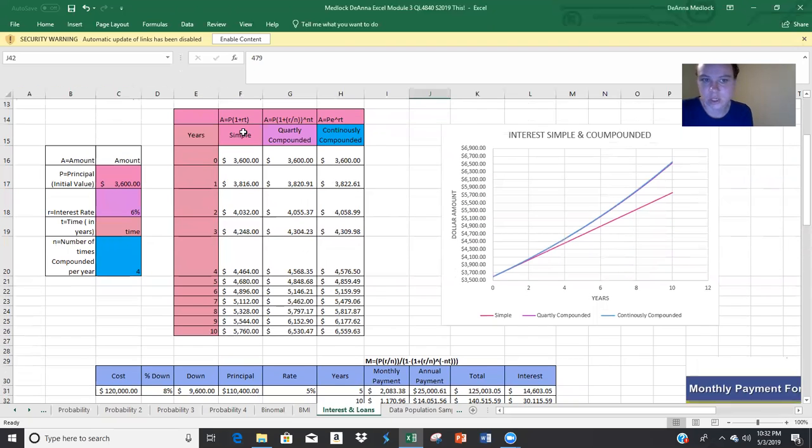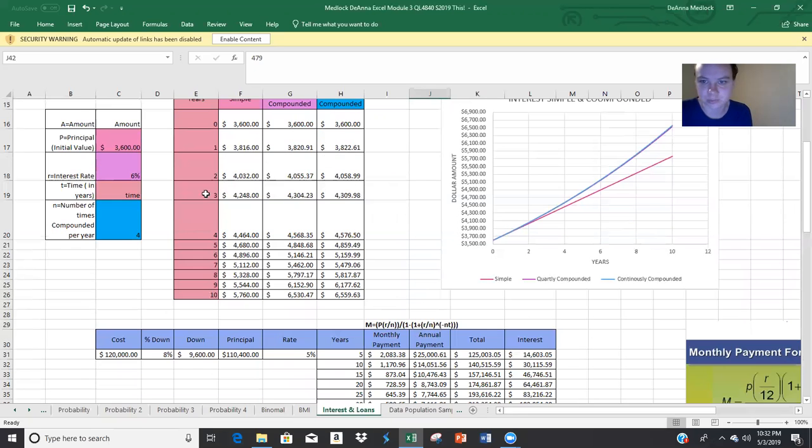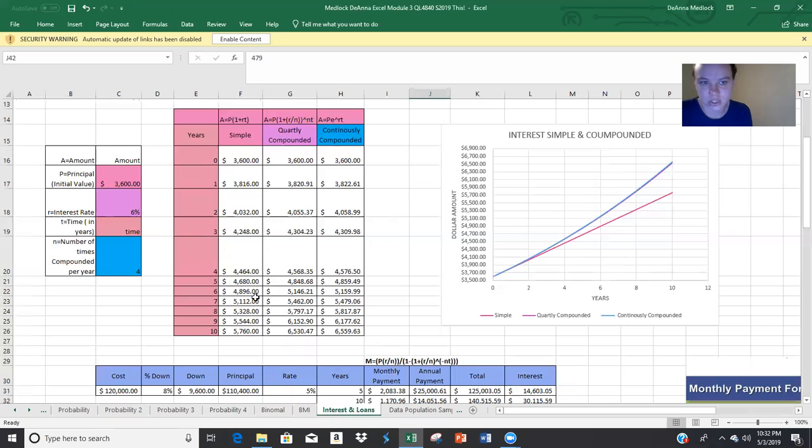So the first year, at simple it was 3,816, at quarterly it was 3,820, and at continuous it was 3,822. So at continuous we paid $222.61 in interest. And then this just keeps going.